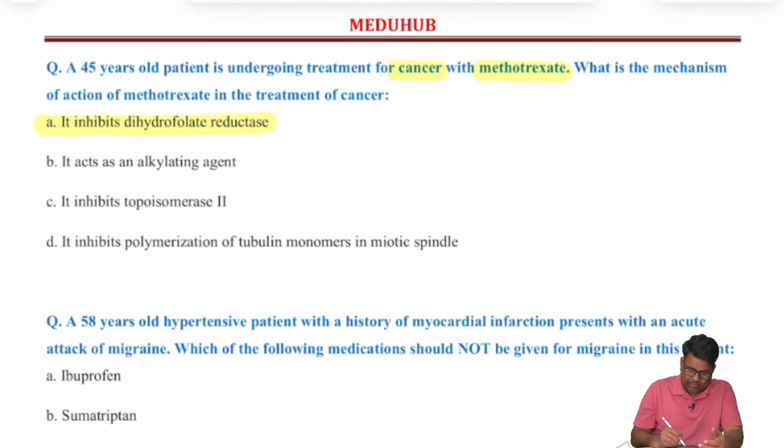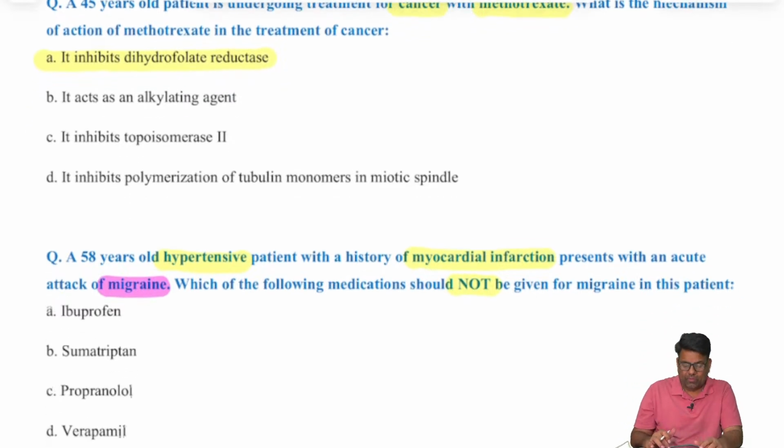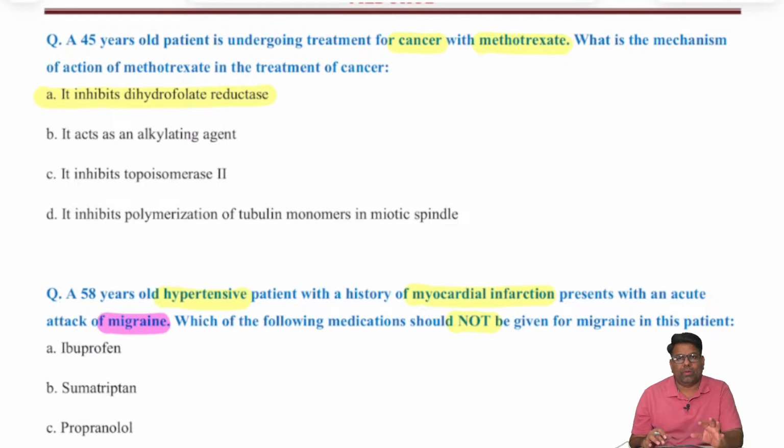Now, a patient who is a known case of hypertension had myocardial infarction and he developed migraine. Hypertensive patient having myocardial infarction, now having migraine. In such a case, which drug should not be given? So, if there is a past history of myocardial infarction, never give triptans.